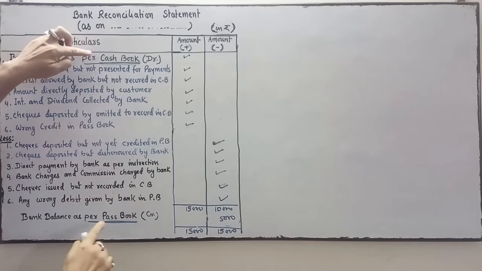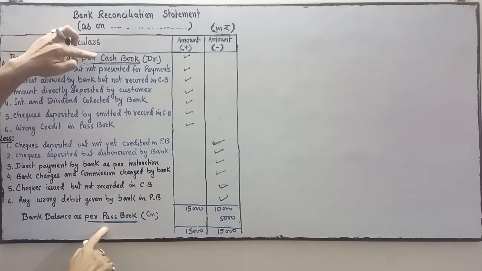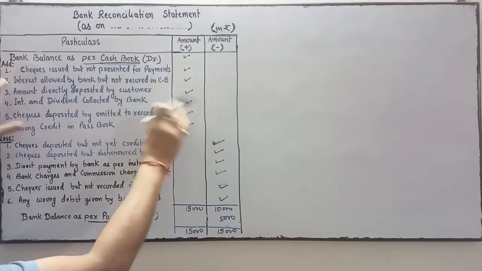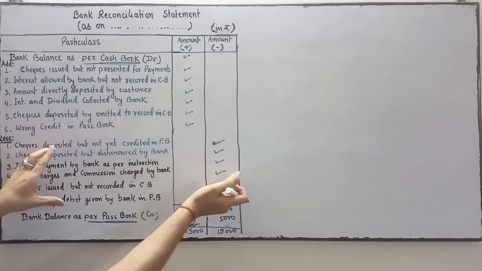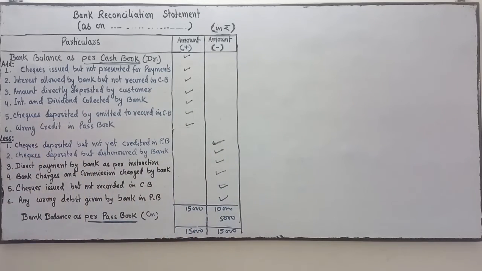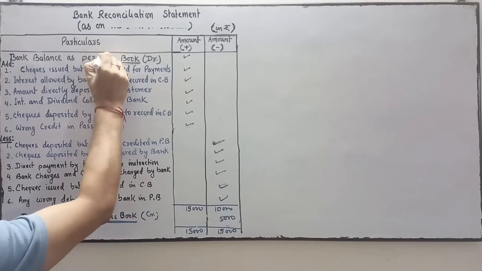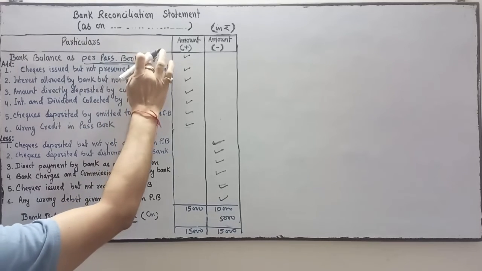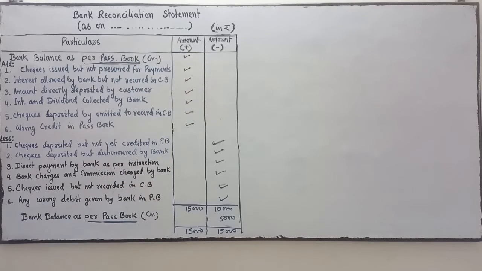Okay. So if in the question the bank balance as per passbook is given, then we start with the passbook. The answer will be cash book. When we start with the passbook, the answer will be cash book, and what we have written in the plus, the same will be in the minus, and what we have written in the minus, the same will be on the plus side. When we start with the passbook balance, credit means favorable.